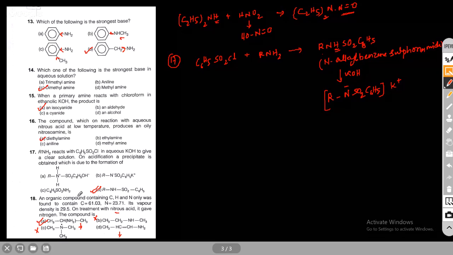But you see how they mix the concept of mole concept and amines in this question. With this data, you can find the empirical formula of the molecule.